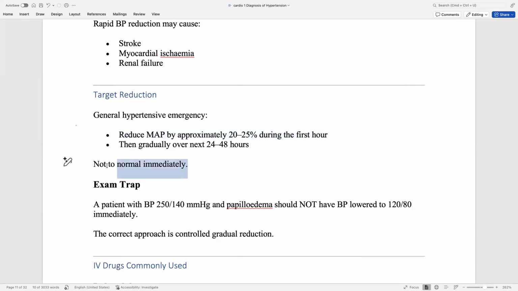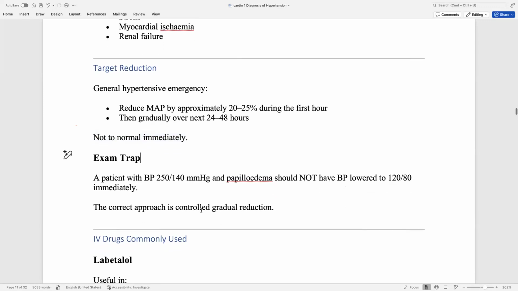Not to normalize the blood pressure immediately. The family will be happy, the patient will die. Okay? So we are not treating the number. We are treating this patient who has his brain, heart, and kidney set to the high blood pressure.